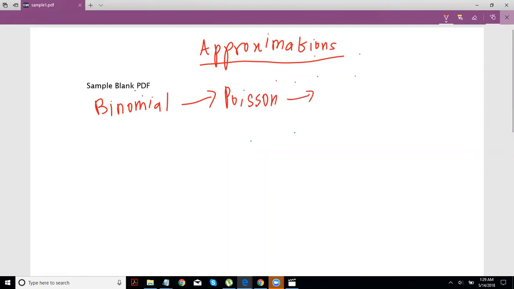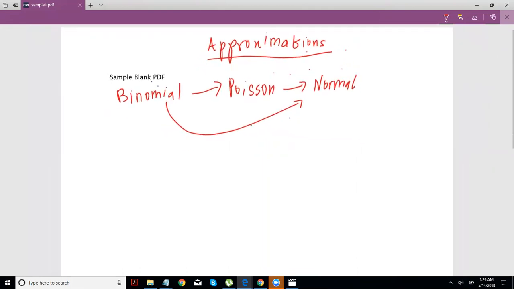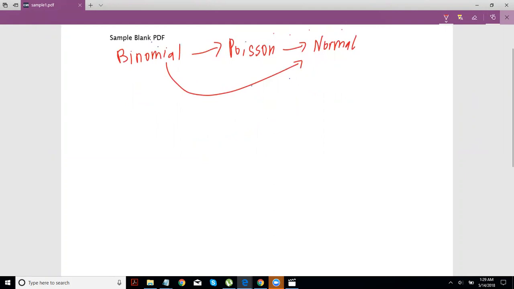You can go from Poisson to normal. You can also go from binomial to normal, but you won't be going from normal backwards. It's either binomial to Poisson, or binomial to normal, or Poisson to normal. These are the three distributions that you could be doing.